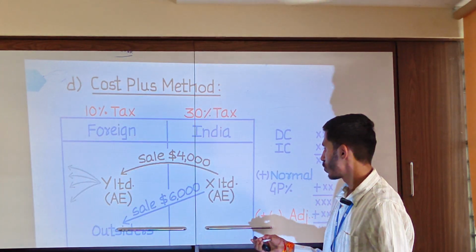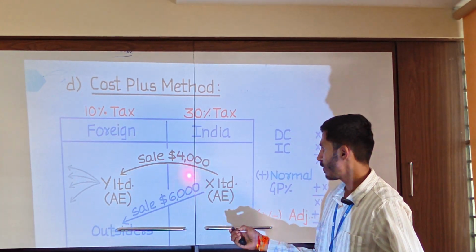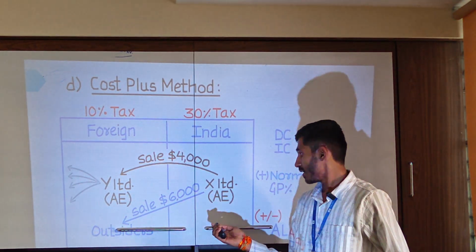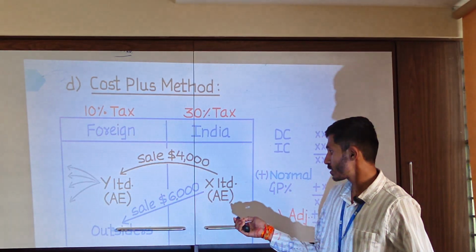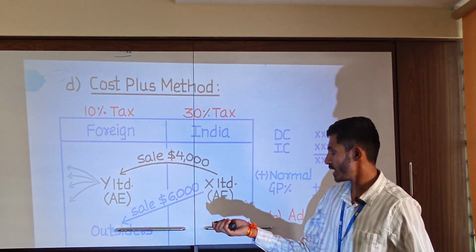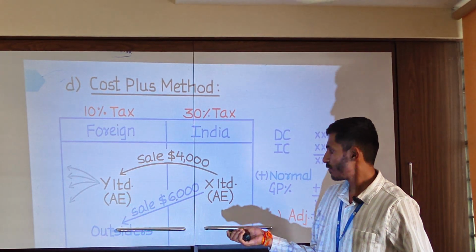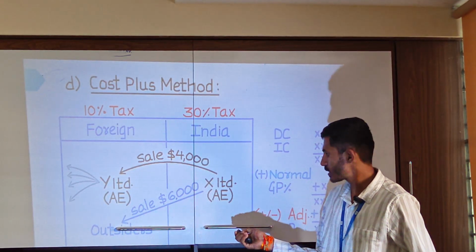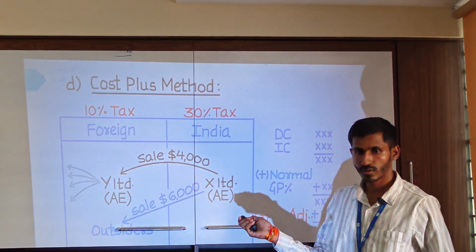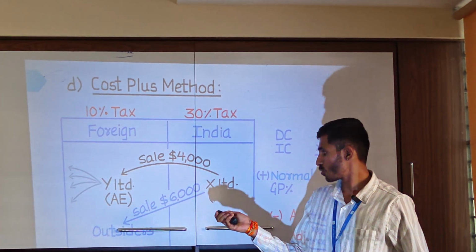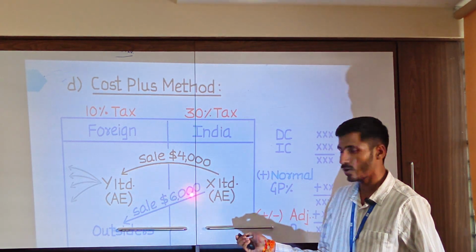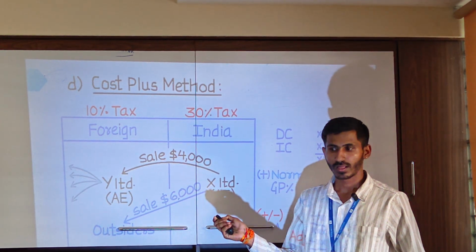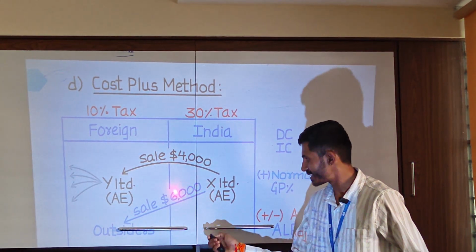If X Limited has sold goods to Y Limited, the sale value is $4,000. And if X Limited sold the same goods to any other foreign entity which is an independent entity, it will be $6,000. Now, are we going to consider this $6,000 value? No, we will not consider this.